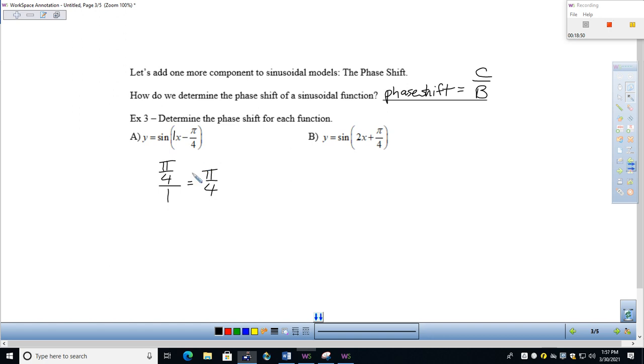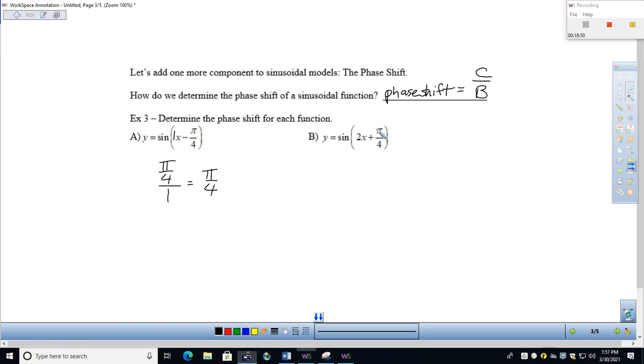Now remember, positive phase shift means that the function is moving to the right on the coordinate plane. Please do remember that. So when I have a positive phase shift, that means it's a shift to the right.